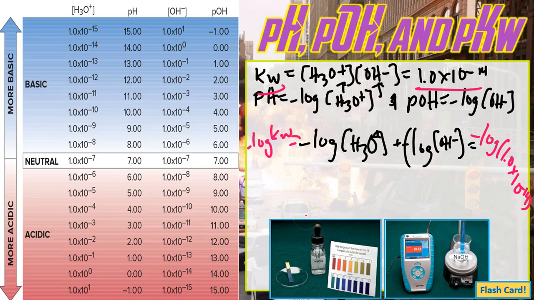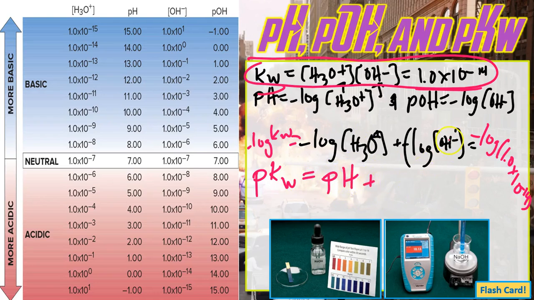So again, essentially what I did is I want to get this entire expression and put it on the P scale as well. That's all I did. So I took the negative log of both sides. That means this KW value here is now going to be negative log of KW, which simplifies to pKW. This negative log of H3O plus is simply going to simplify to pH.